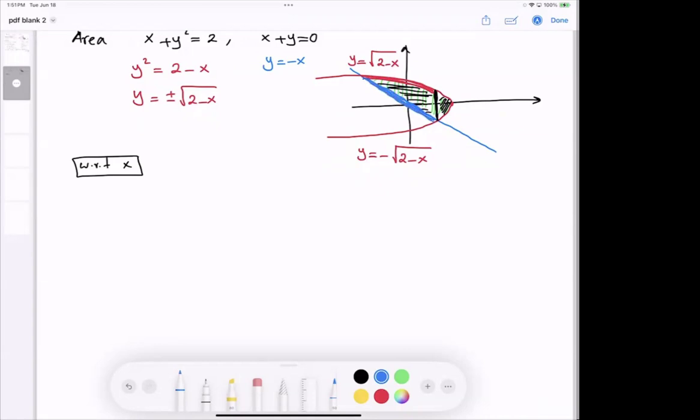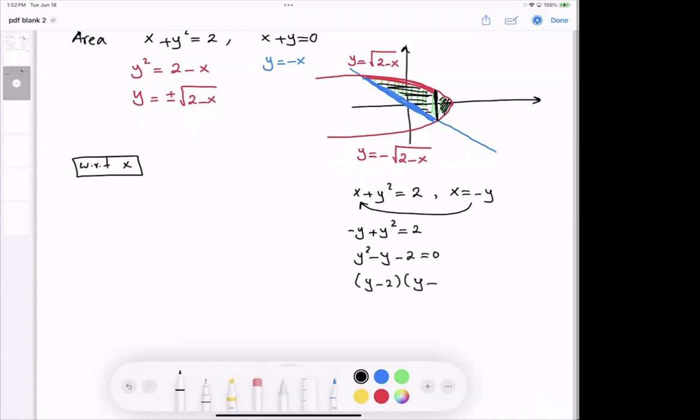To calculate this integral, you're going to set these two equal to each other. So x plus y squared is equal to 2. Let me write down 2 first, then set them equal to each other. And then you have x equals negative y. So wherever you see x, you plug in negative y: negative y plus y squared equals 2, or y squared minus y minus 2 equals 0.